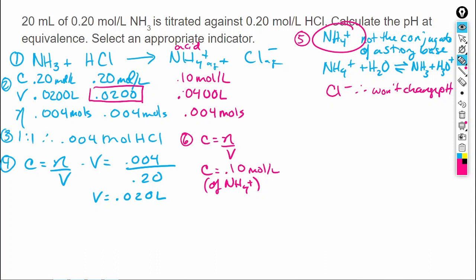How am I going to go about doing that? Oh, yep, ice table. Remember, in question 5, we figured out that this is the reaction that's actually happening. NH4 plus H2O produces NH3 plus H3O plus. There's a plus there, I just can't draw it.